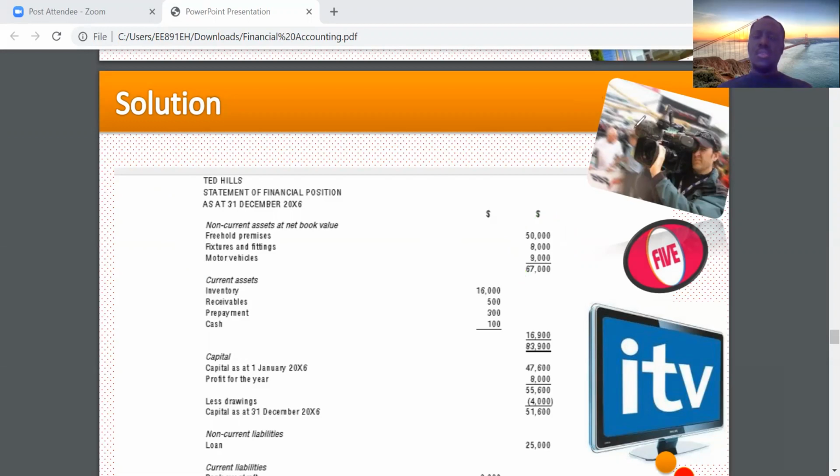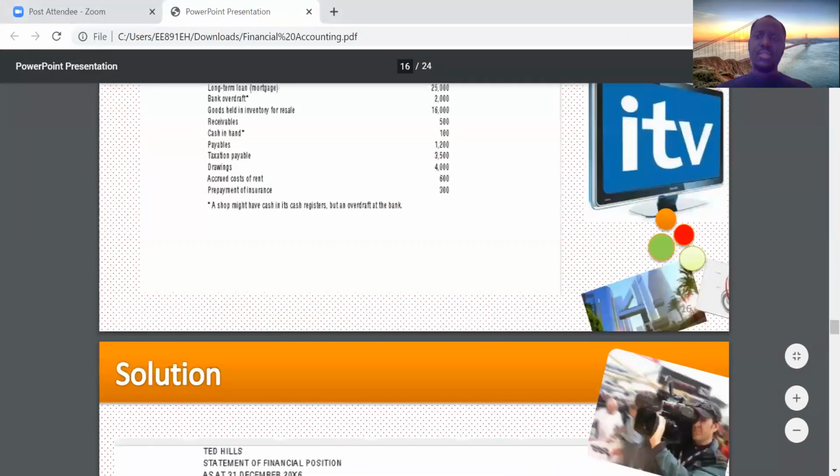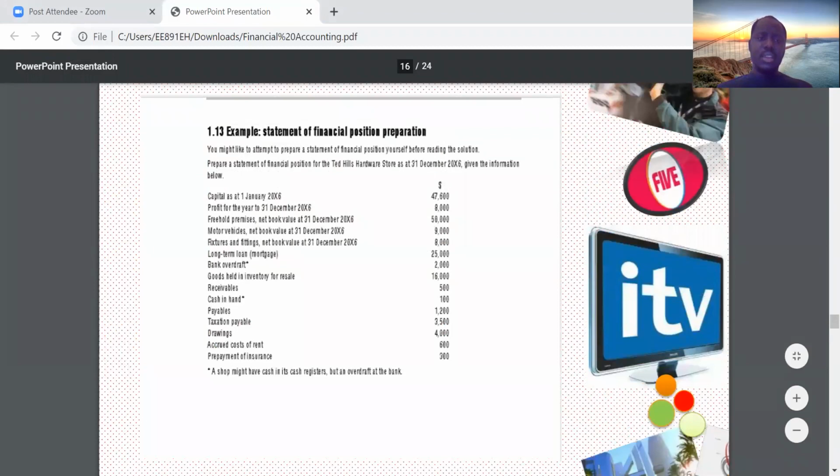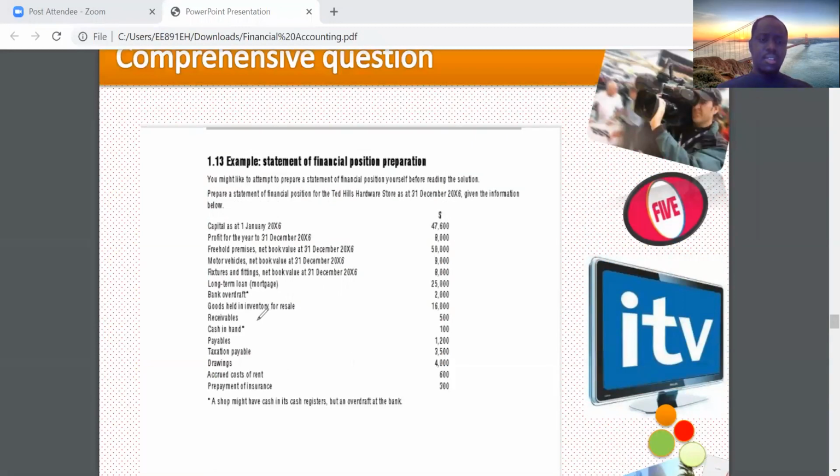Okay, so let's move on to current assets. What will be the current assets in the question? An example will be inventory.